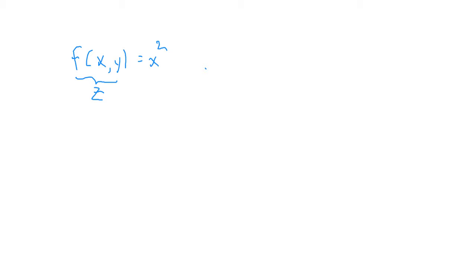And if you have z equals x squared, you could think of that as x squared plus 0 times y. So it means that the y, whatever the y value is, doesn't really make a change, so to speak.